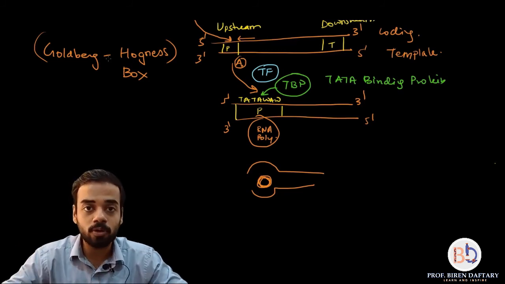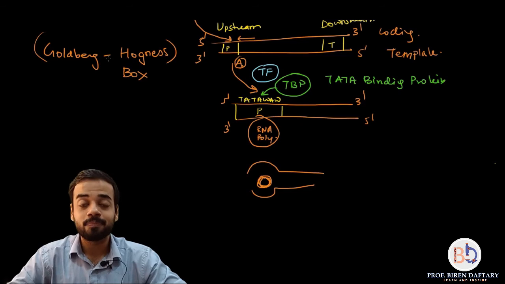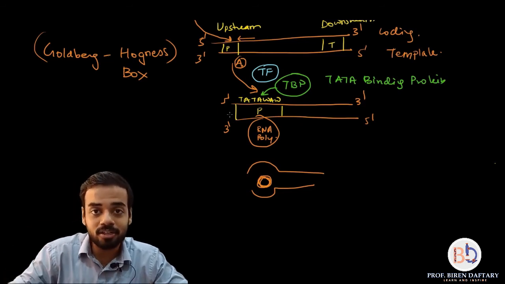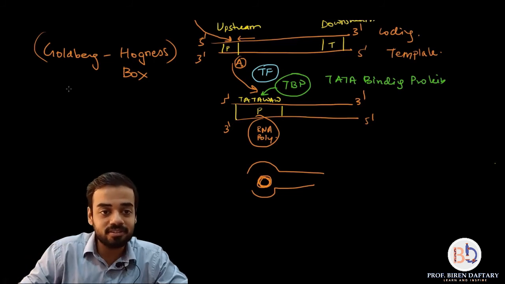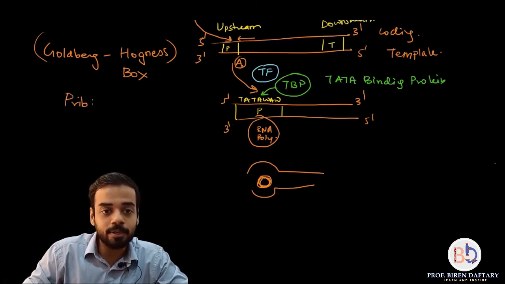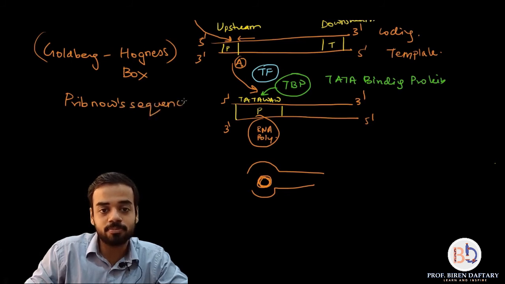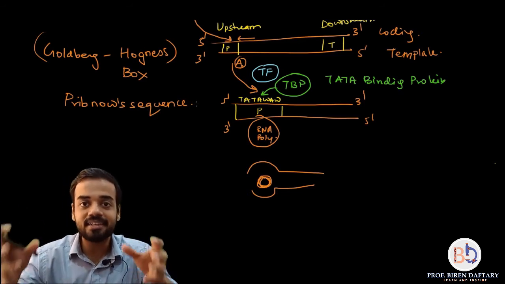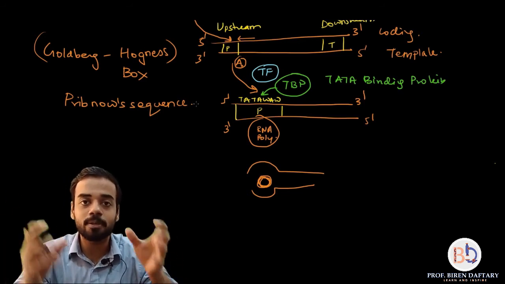So what about prokaryotes? What about bacteria? In bacteria a similar sequence is present, similar to the TATA box, and that sequence is called the Pribnow sequence. If somebody asks you where the Pribnow sequence is present, it is present in bacteria. It is like the TATA box, but it is called the Pribnow sequence.